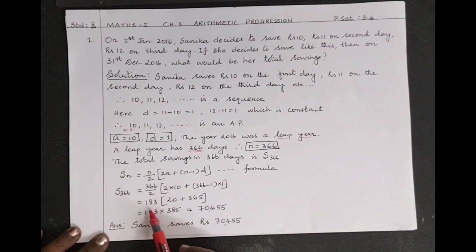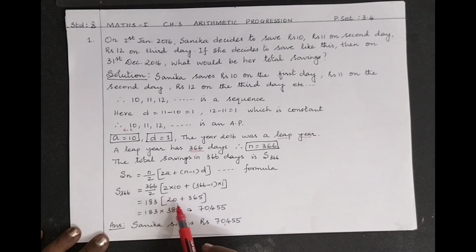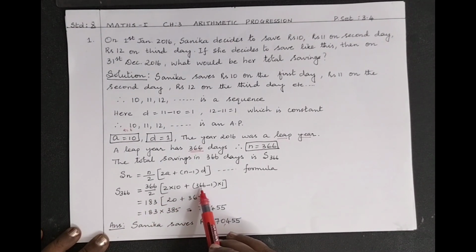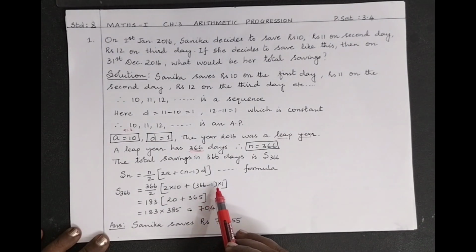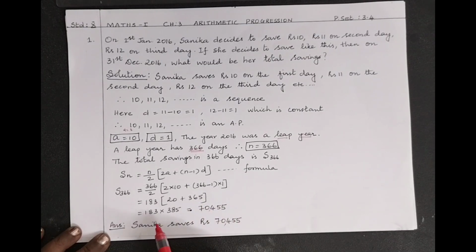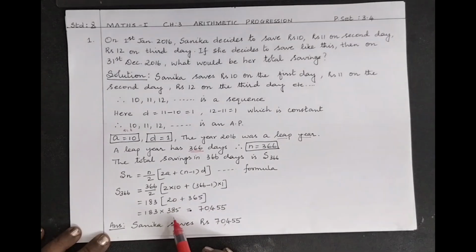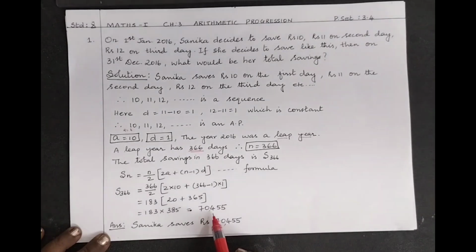Now when we divide, we get 183 into 20 plus, now 366 minus 1 is 365. That multiplied by 1 is 365 only. So 183 into, now when we add these two we get 385. So when we multiply these two we will get 70,455.